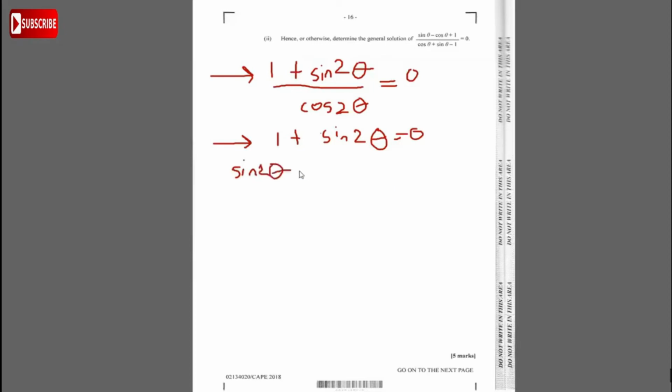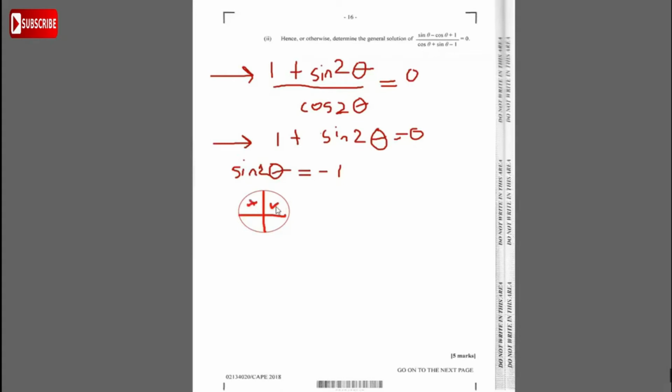If you're solving sine 2 theta equal to negative 1, the next thing to do is draw your circle. Just get out your little circle. It's always good to put the circle there. And then you need to look at which quadrant sine 2 theta is negative. I know that sine is positive in the first and the second quadrant, so these are not what we want this time.